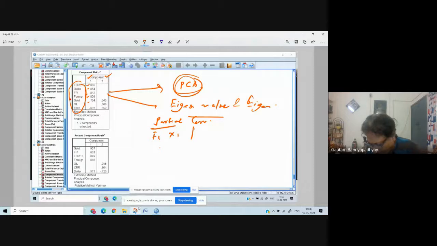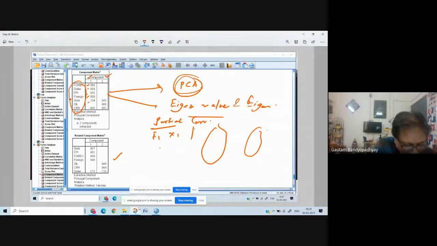But what is our objective? Our objective is to find the orthogonal matrix, so we need some transformation. We go for orthogonal transformation. I am not going into the detailed theoretical part. I am showing that part so you can easily understand.